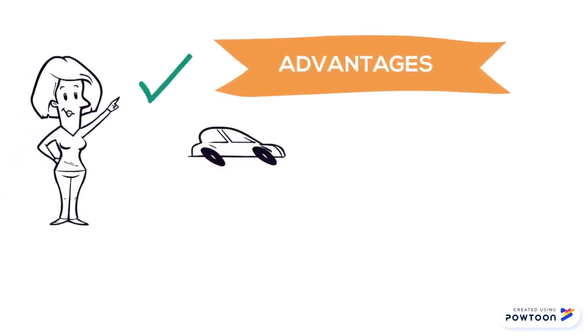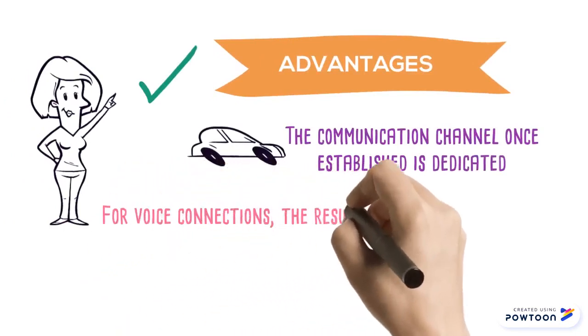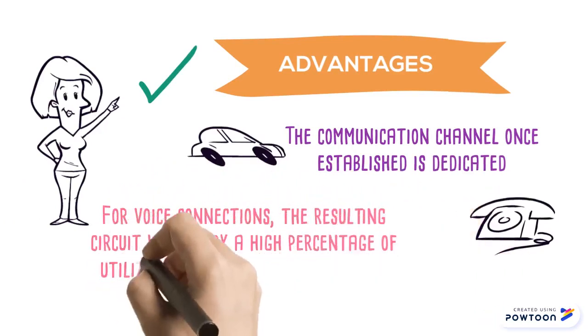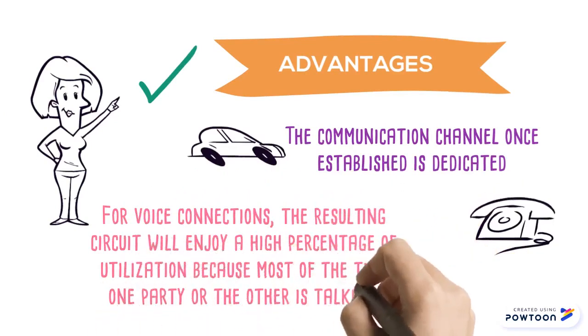Advantages of circuit switching. The communication channel, once established, is dedicated. For voice connections, the resulting circuit will enjoy a high percentage of utilization because most of the time one party or the other is talking.